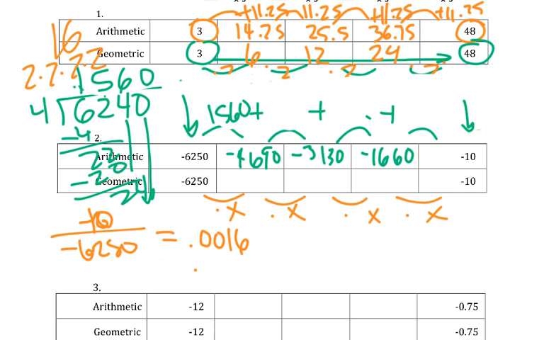So that would be 0.0002 each time. Actually, because when we multiply it'd give more zeros, it would just be 0.2. So we'd times by 0.2 each time.